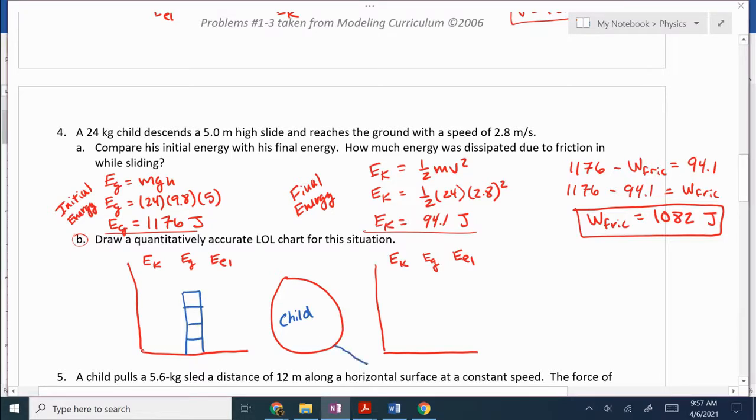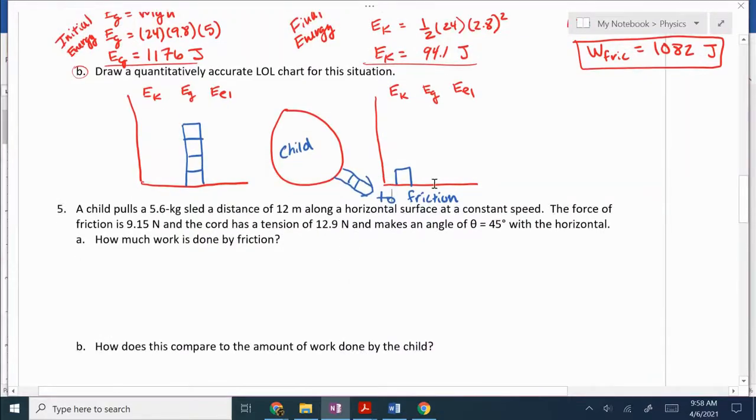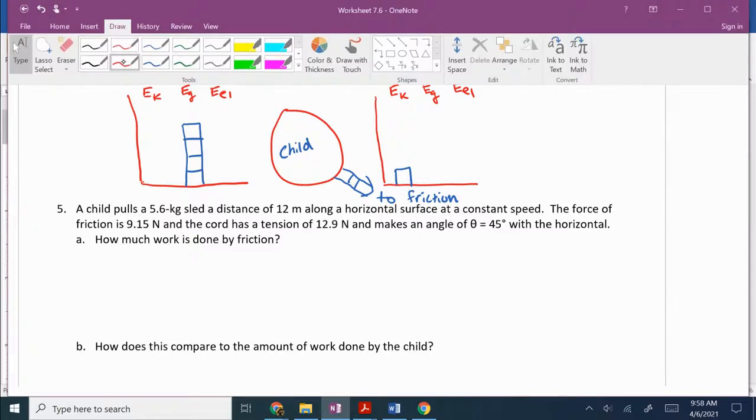So I'm going to put 3 out of 4 of them as energy lost to friction. That's where the quantitative accuracy is: out of the almost 1,200 that we start with, we lose about 1,000 of it and end up with only 94, so we lose most of that energy. Hence the 3 coming out and 1 left. So there you go. Moving on to number 5.